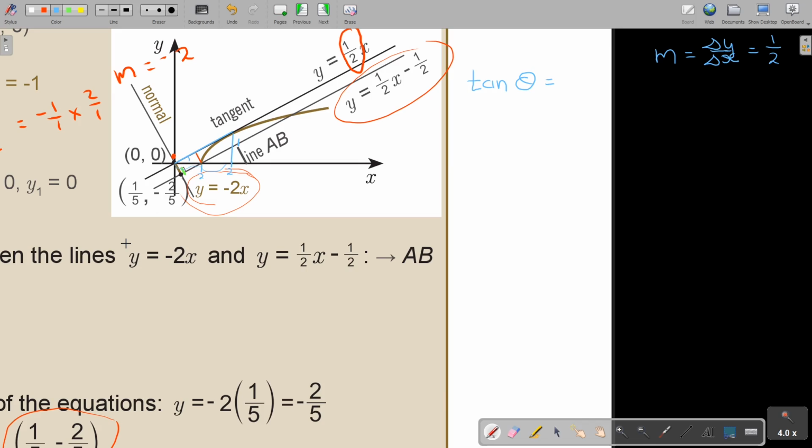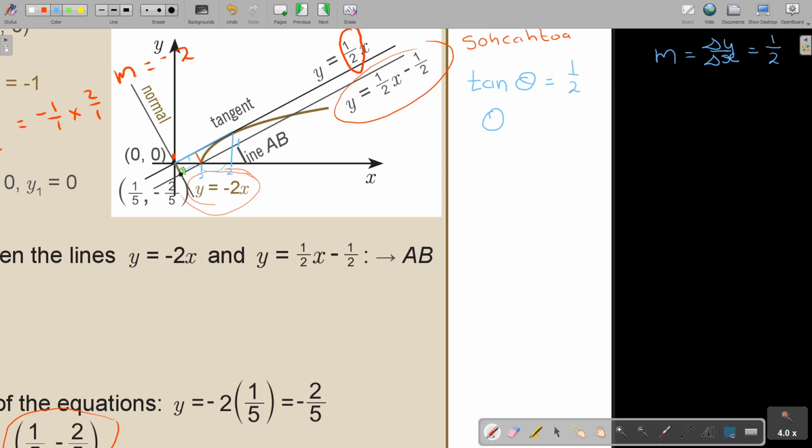Did you see the blue? If I want to find that angle, I will say tan theta. Why tan? Because I have opposite over adjacent. If you think of SOH CAH TOA, if you have opposite and adjacent, it's tan. So if I have a half here, I can find that little angle.